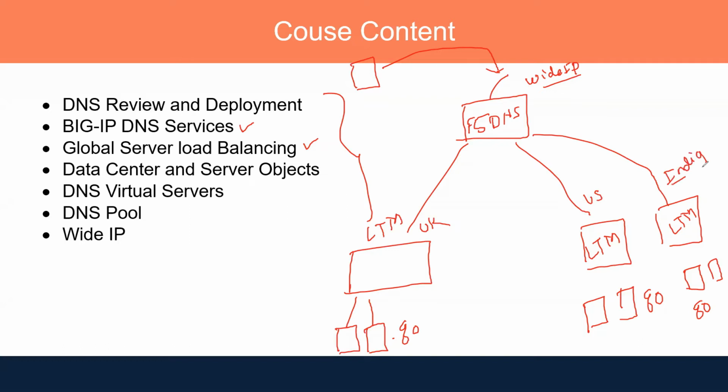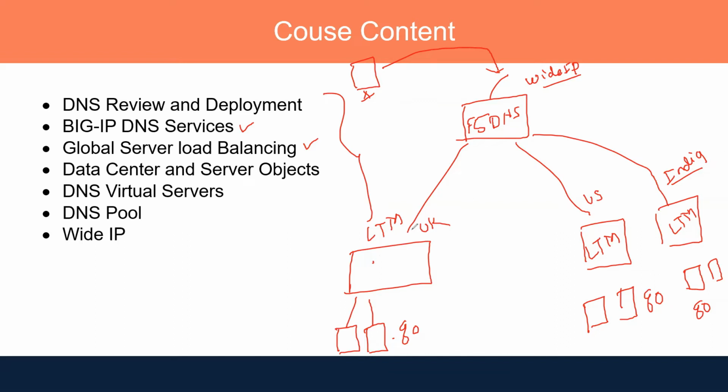So the user would be hitting the wide IP, and F5 DNS would know which one the traffic should be routed to based on whatever algorithm you set for the load balancing. So it is going to send the data to the nearest one. If the user is hitting from the UK, it would send the data to the nearest data center. If the user is hitting from India, it would send that query to the India data center.